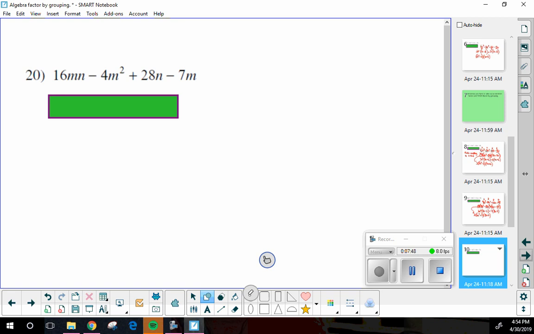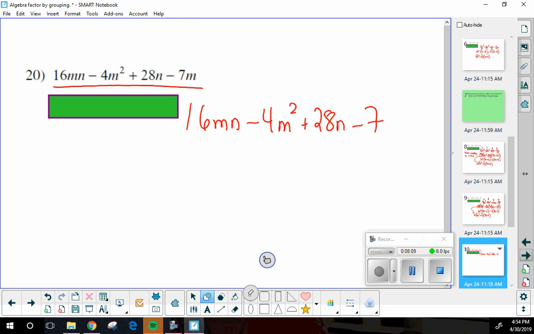All right, let's try this one. Okay, I can look at that and say, all right, hold up. There is nothing that will go into all of those. So I will just rewrite it. Minus 4m squared plus 28n minus 7m. And go, okay, I'll just group this and that.